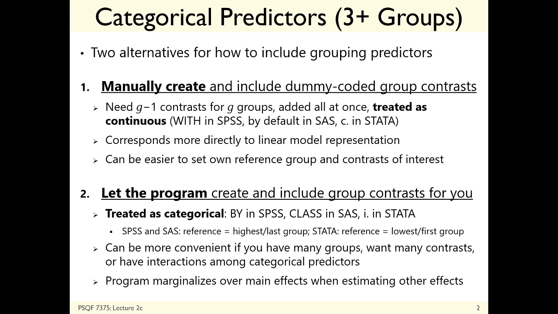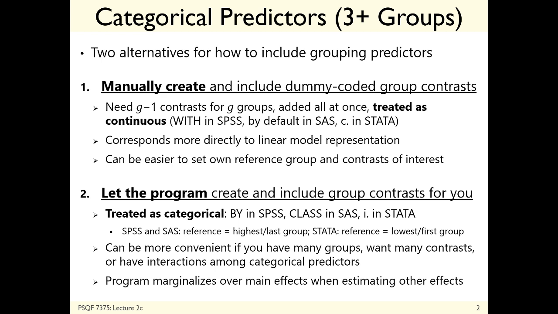They are treated as continuous by the program. So they are 0, 1 variables for which the program will estimate a slope, the effect of a 1-unit change, but you know that the only thing it could be is the difference between 0 and 1. I like teaching this way first because it corresponds more directly to what the actual linear model is underneath it. And it's also sometimes easier to get interaction contrasts this way.